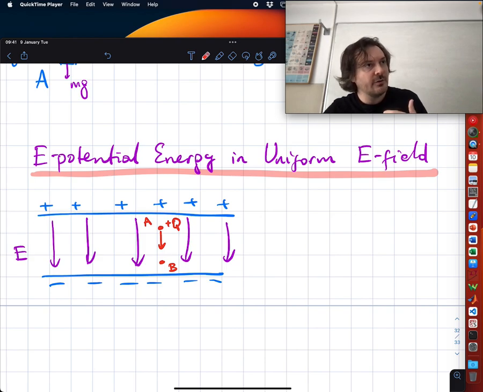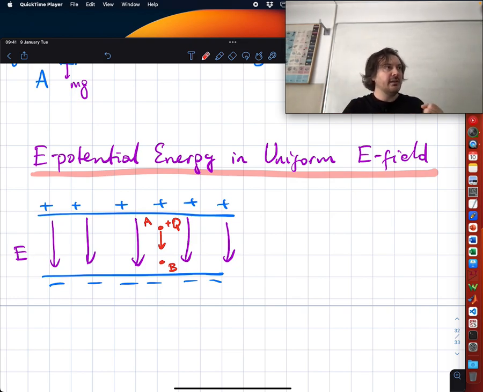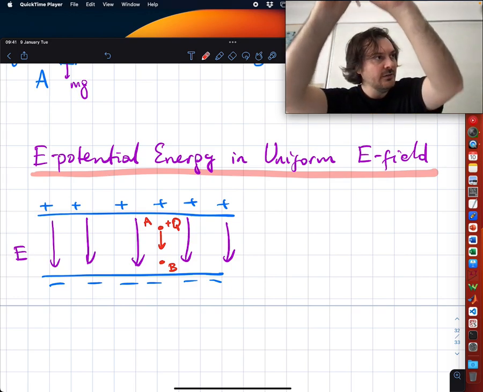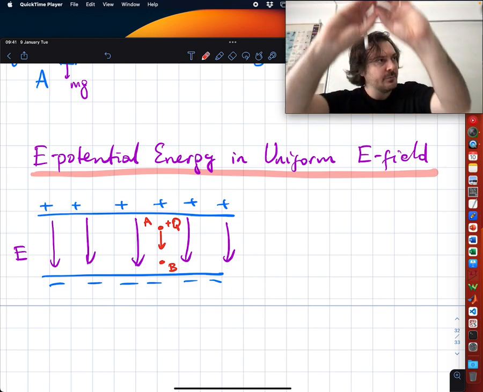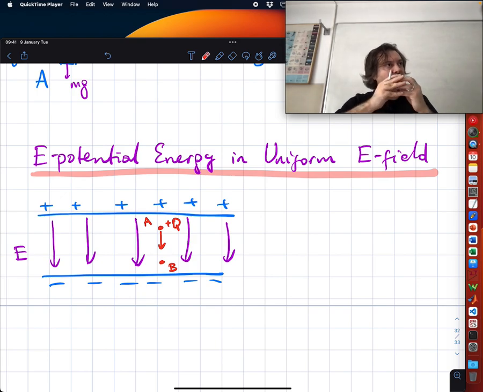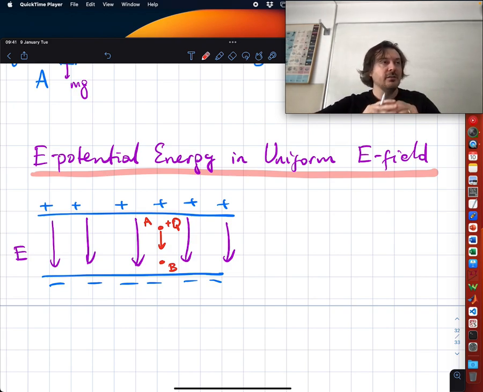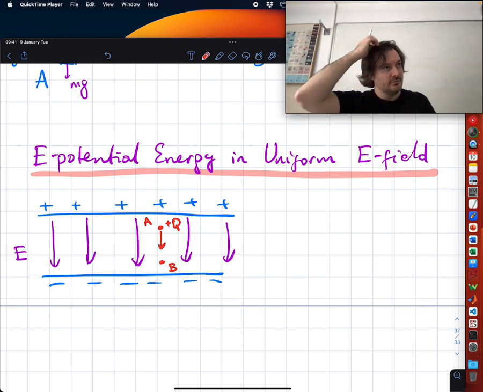If it is going to where it doesn't want to go, the potential energy difference will be positive. It's like taking something uphill, it doesn't want to go there, so the potential energy difference is plus. Taking something downhill, it actually wants to go there, potential energy difference is negative. By potential energy difference, I mean final minus initial.